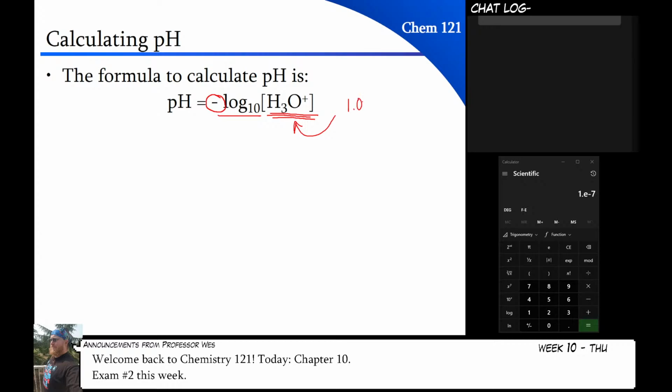So, for example, let's suppose that our concentration is this. I'm going to log that, and then I'm going to negate it. So this is the concentration of H3O plus or H plus in pure water, which is super, super dilute.